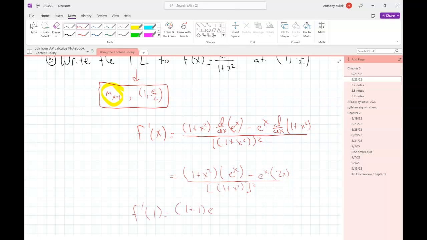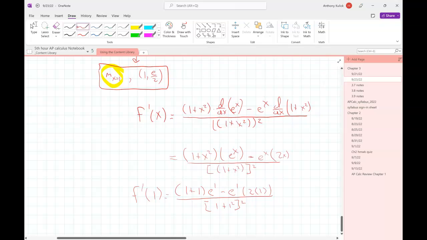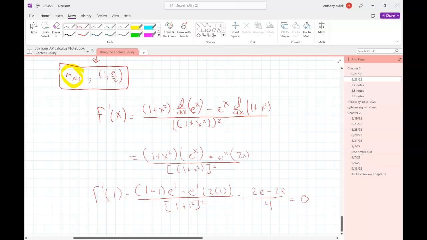Just plug the 1 in. You guys good with that? So when I do that, I just get 2e minus 2e over 4, which is 0.